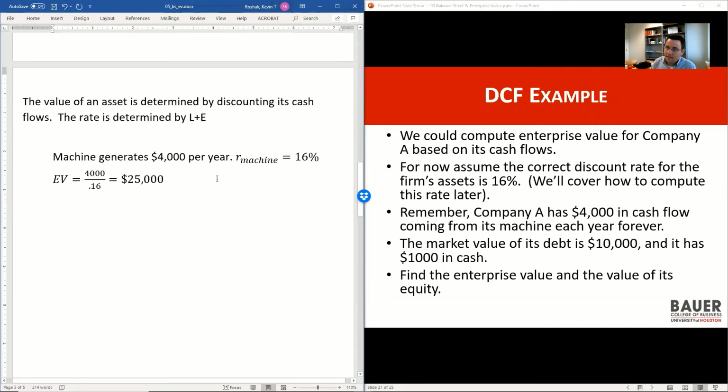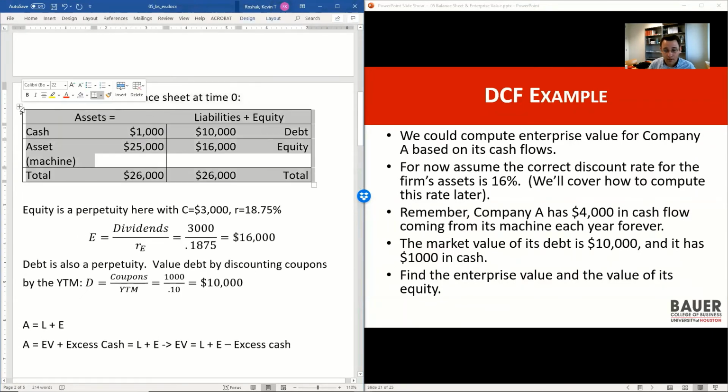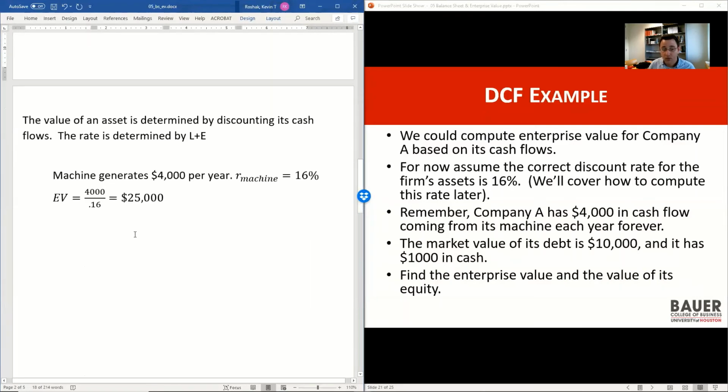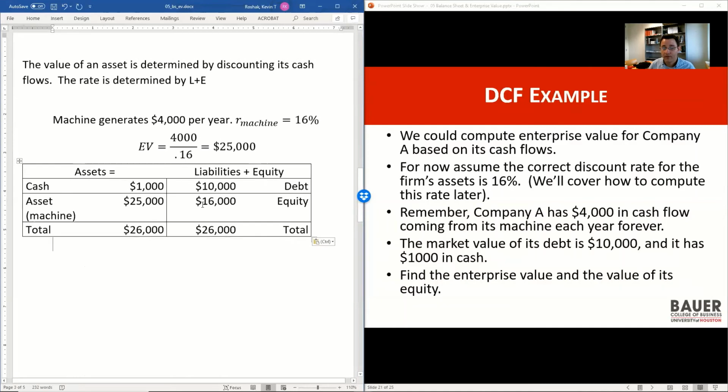Okay. And what this lets us do is move in the opposite direction. So if we recall up here, when we were filling out the balance sheet before, what we did was we found the value of the debt and the value of the equity. We put those two things together to figure out the value of the asset. Well, in this case, we can go in the opposite direction.